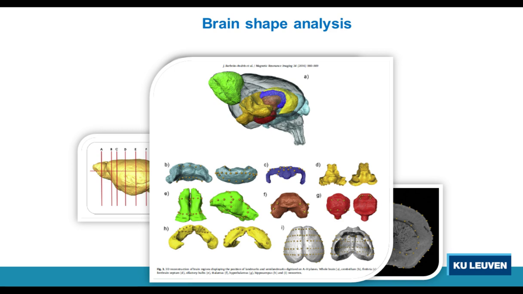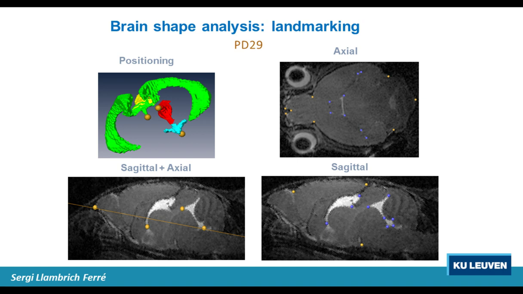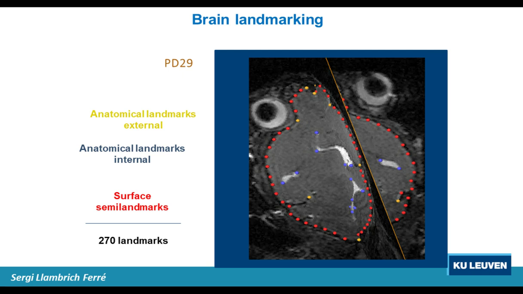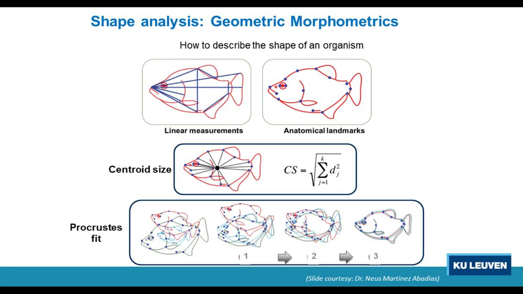This is from a publication, and when we do this on our scans, and that's what Sergi is doing, he really places the dots on the scans that we have from the Down syndrome mice, and from these dots, different measures can be taken, and they can all be analyzed. This is really not my expertise, this is the expertise of Neus and Sergi that do very detailed morphometric analysis, but it's amazing with all these landmarks how much information we can get out of the brain.